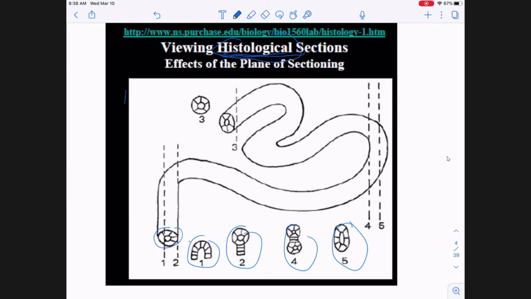Histological sections let us investigate the effects of the plane of sectioning. Meanwhile, we add antibodies with different colors, which we call histological staining.